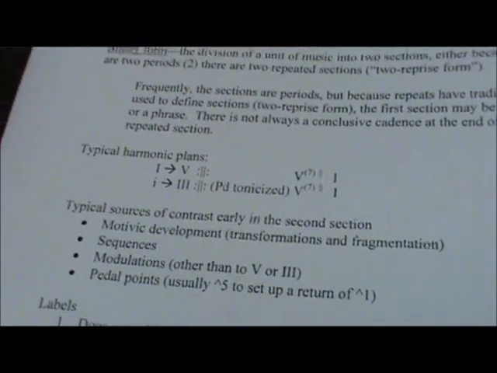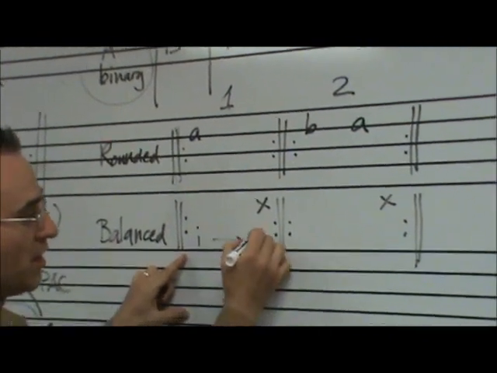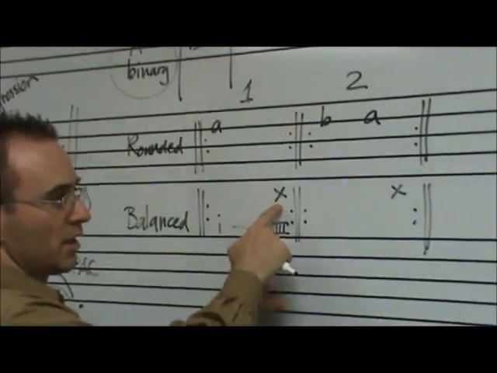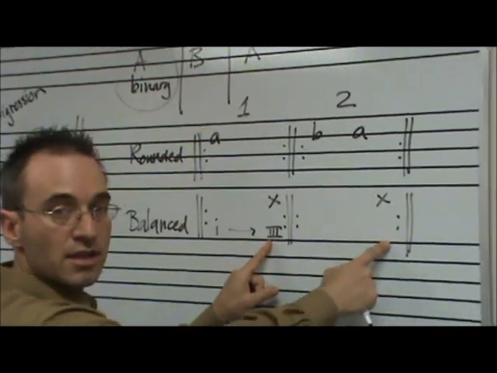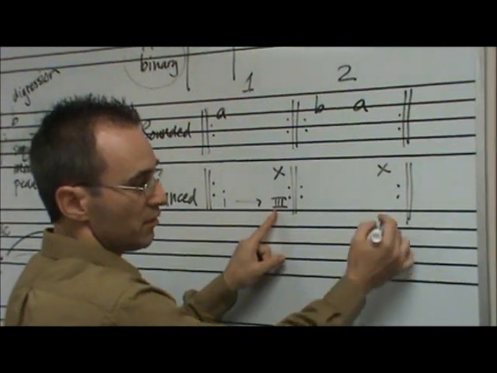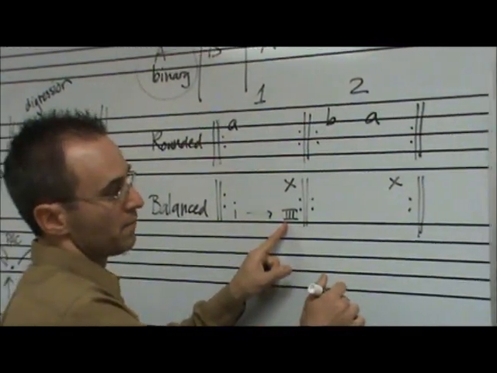Okay, so if that's true, that we've modulated here, say we're in a minor key and go to 3, it happens a lot. That means this X here is going to be in a different key than this X over here. This will be back in the tonic because you have a PAC in the main key to close it all out, for sure.